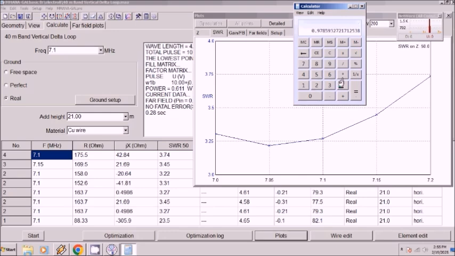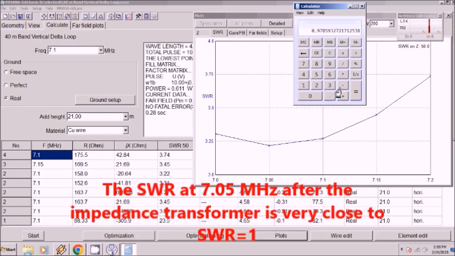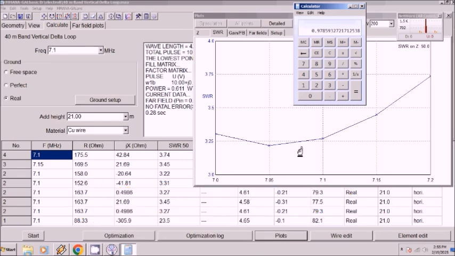Yes, this is 0.97, very close to 1. So at the frequency of 7.05 megahertz, after the impedance transformer, it's going to match with the coax. Okay, so still good.